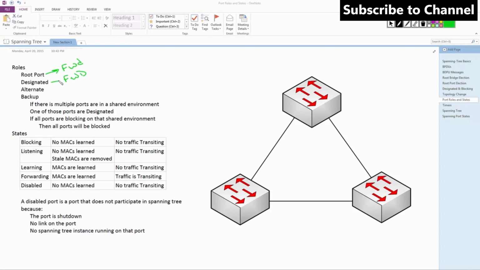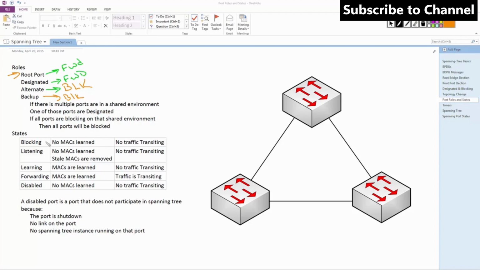Now our alternate. What do you think our alternate is? Well, this is a port that's going to be blocking. And what do you think my backup is? Also, that's going to be blocking. So depending on what our roles are, depends on what our state's going to be.